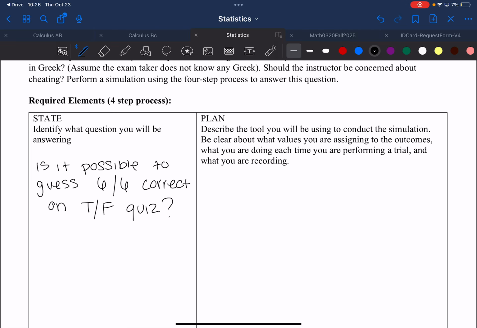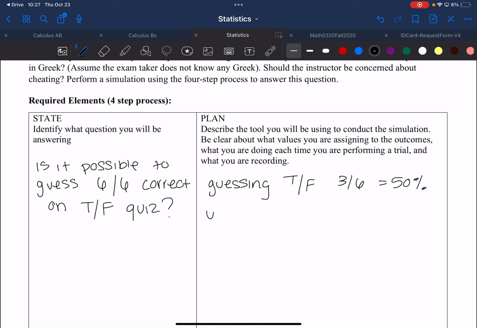The plan. It says describe the tool you will use to conduct the simulation. Be clear about what values you are assigning to the outcomes, what you're doing each time you perform a trial, and what you're recording. If they just guess, what do you think the probability would be of guessing true or false? 50%. So guessing true/false would be a 3 out of 6 chance, which is 50%.